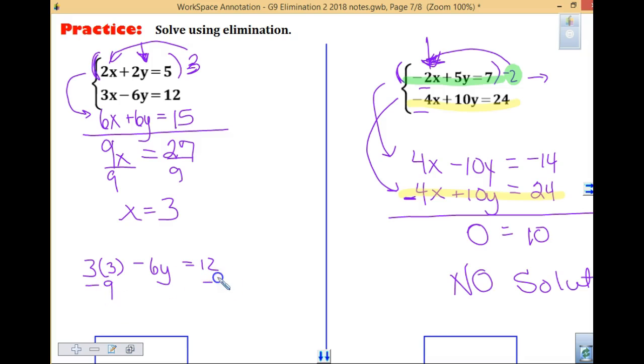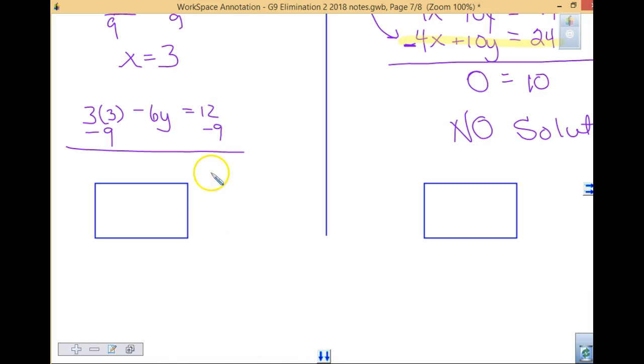Minus 9. 12 minus 9 gives us 3, equals negative 6y.